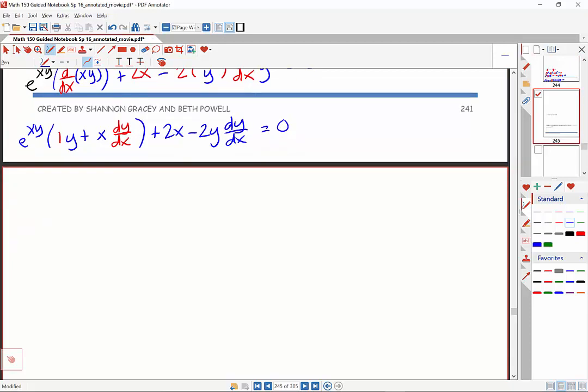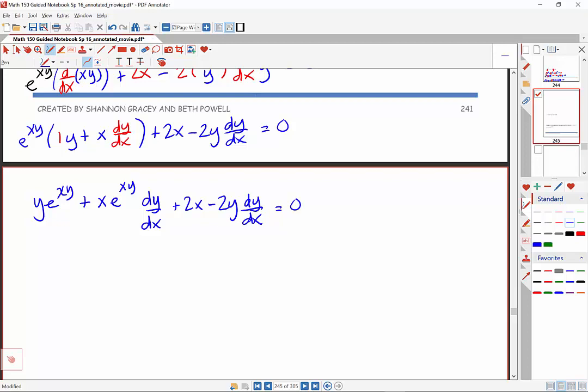Now, moving right along, we will have y e to the xy plus x e to the xy times dy dx plus 2x minus 2y times dy dx is equal to 0.